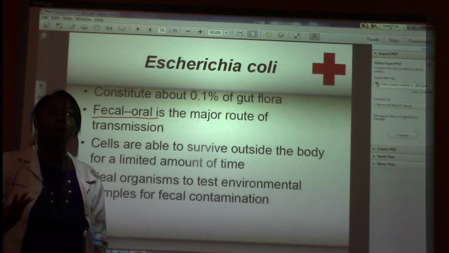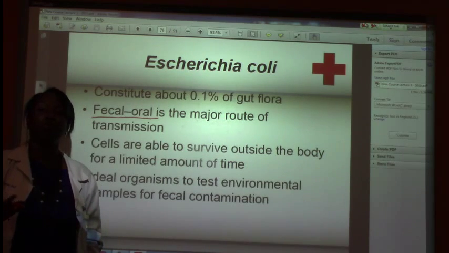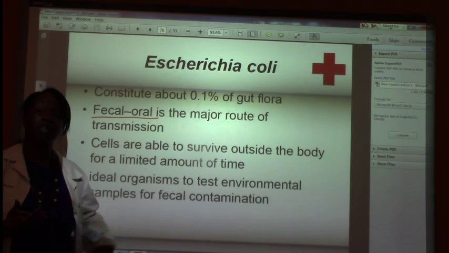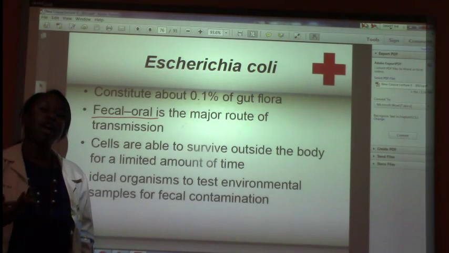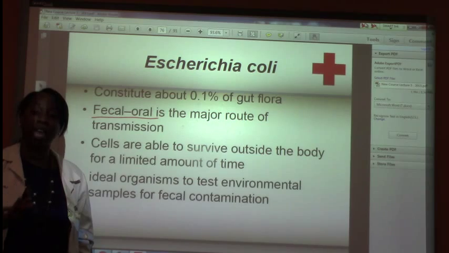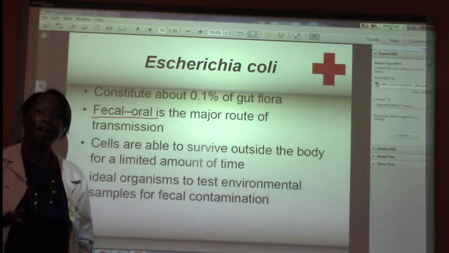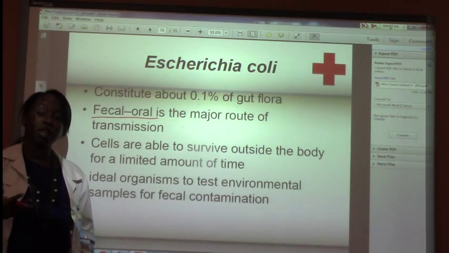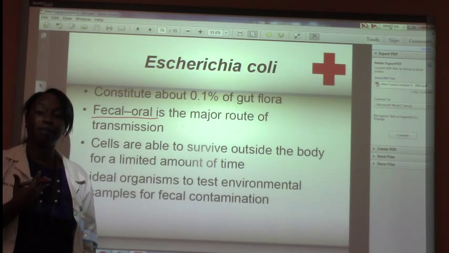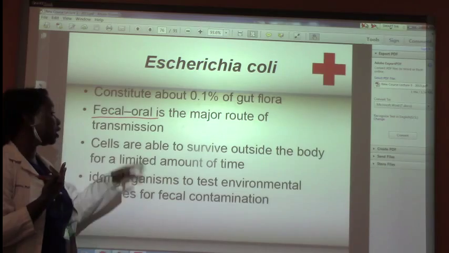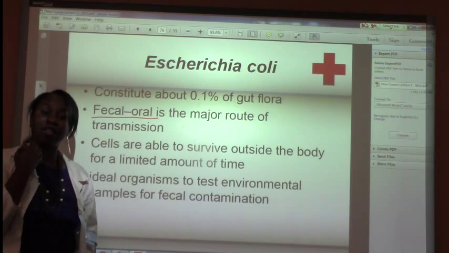So this can come about, for instance, if you had this particular organism present as a part of your normal flora, and you do not wash your hands properly after using the restroom. You can then transfer it to other areas of the body. Specifically, since it's a fecal-oral route, it will be back into the mouth.